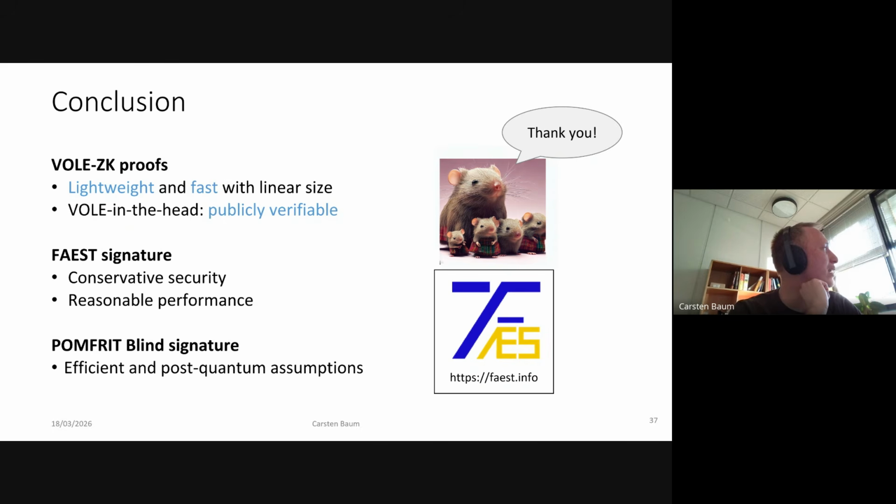Nope, I don't think so. In particular, because Poseidon is usually defined over large fields, and there are not so many implementations of VOLE-in-the-head over large fields available right now.